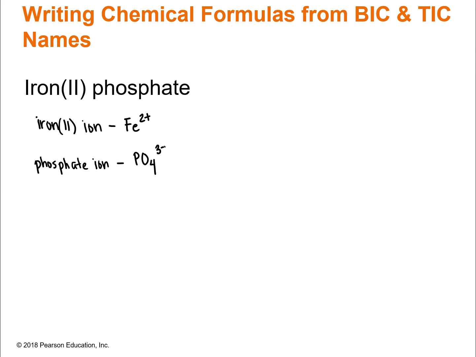And that's PO4 3 minus. When we're looking at our charges, we've got 2 plus and 3 minus. Those are not equal but opposite. So we find our lowest common denominator, which is 6.